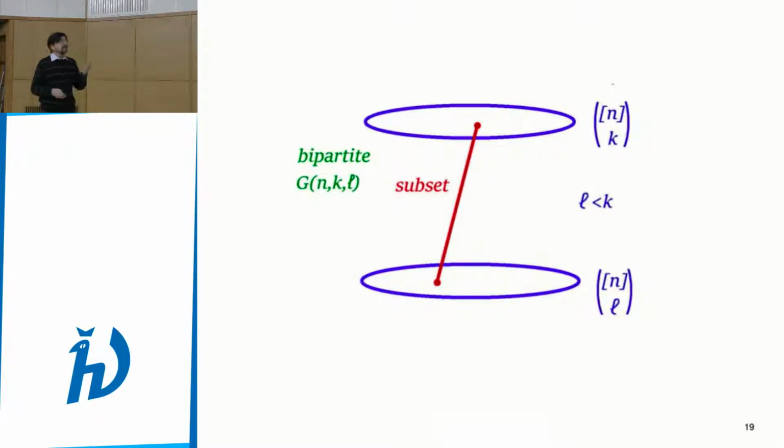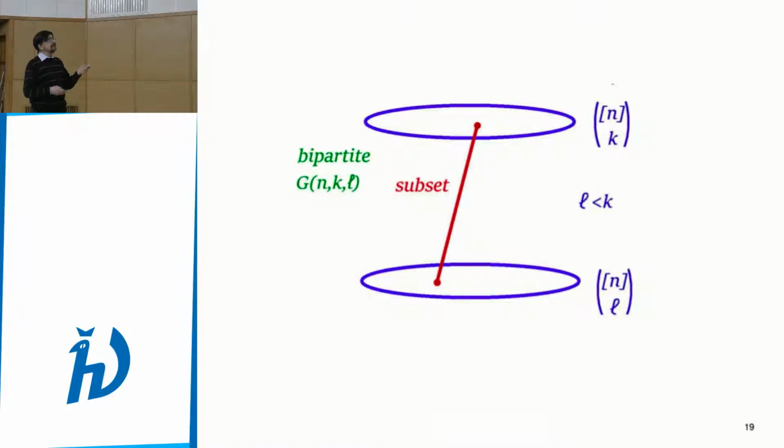Now I define the subject of my lecture. It will be a bipartite graph, where here we have k-element subsets. So one vertex corresponds to a k-element subset of an n-element set.